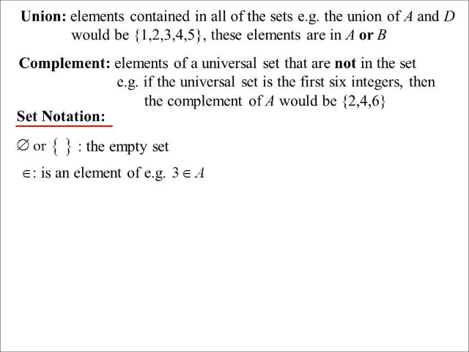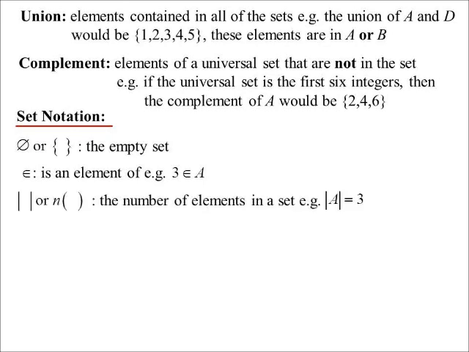So 3 is an element of A. 3 belongs to the set A. The absolute value symbol, again we talked about that yesterday when we were talking about probability. Absolute value just means magnitude or size, so the number of elements in a set. Another way they sometimes notate it is n, and then in parentheses whatever set we're talking about.